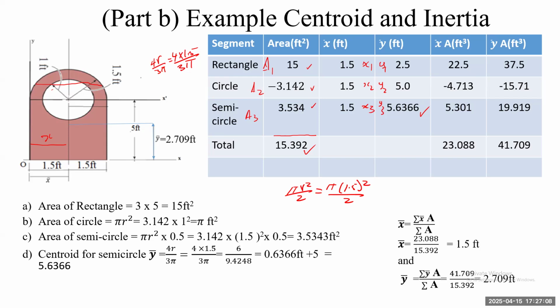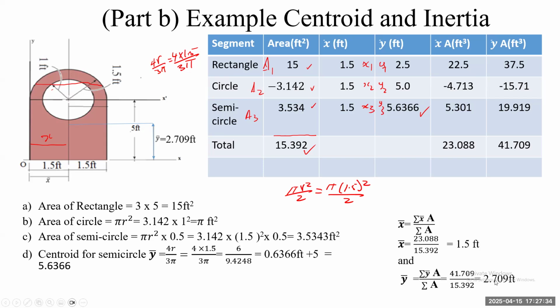To get your x bar, you divide this figure here by the total area, which is displayed here. So you'll get back to 1.5, which proves that your working is correct. Then you do the same thing for y bar: 41.707 divided by 15.392.